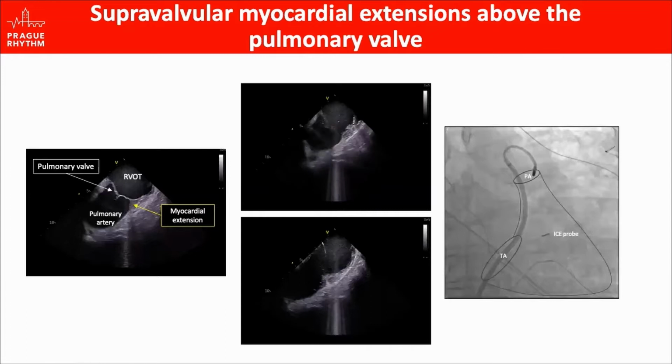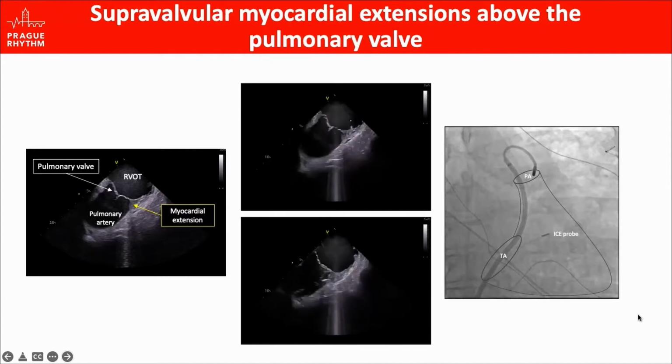The second anatomical consideration I would like to emphasize is that myocardium extends above the pulmonary valve, and it's usually the origin of idiopathic arrhythmias. These myocardial extensions can be visualized on the ICE, as you can appreciate here, and ablation of these sites can be very challenging.